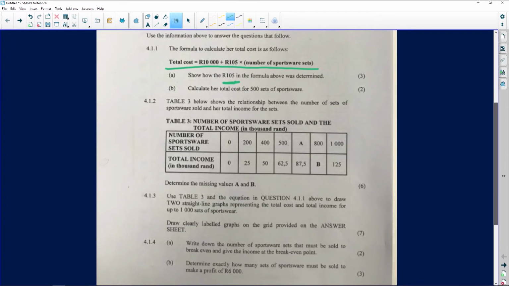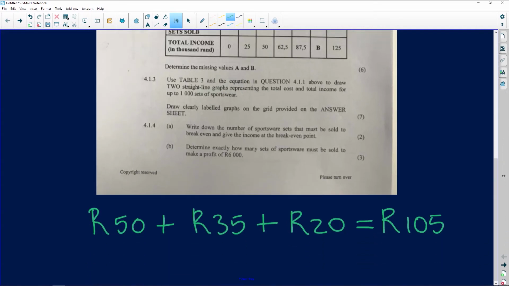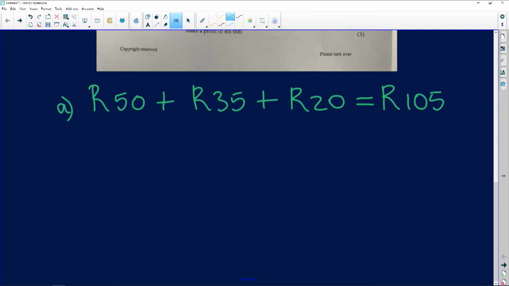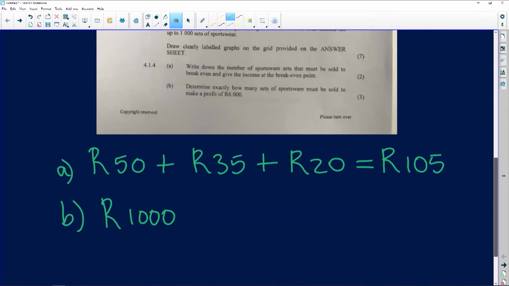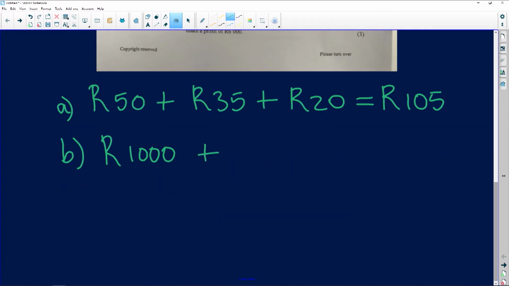We need to use the formula as it is given up there, which is 10,000 Rand plus 105 Rand, and we need to multiply it by the number of sportswear sets.